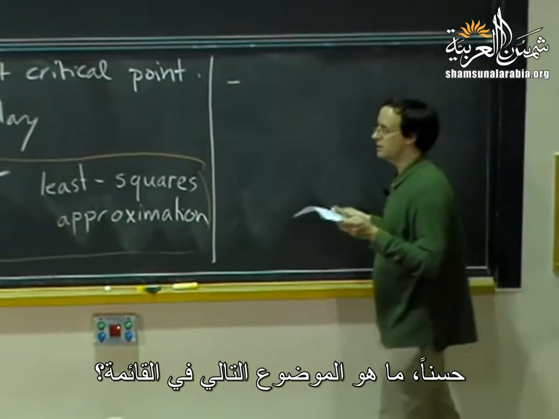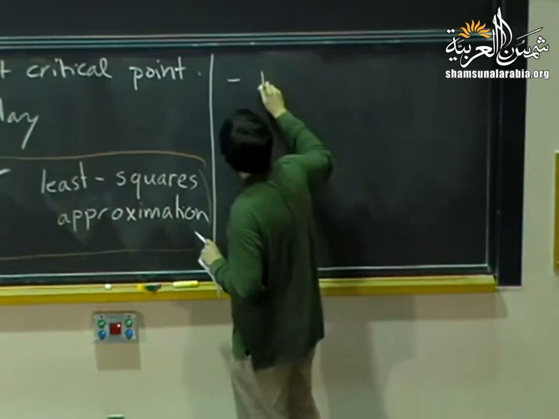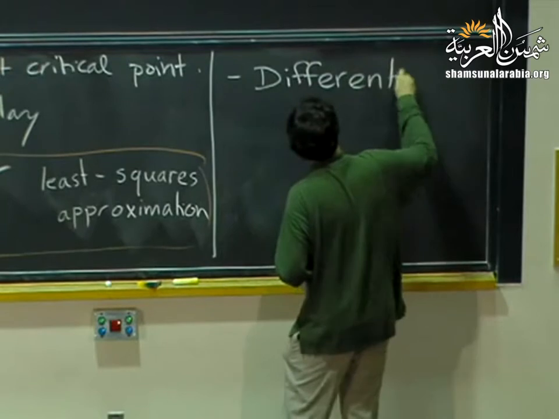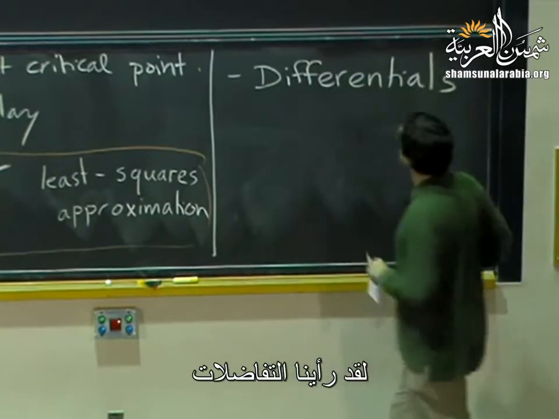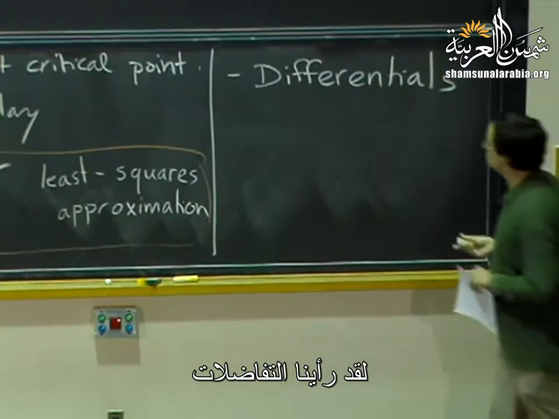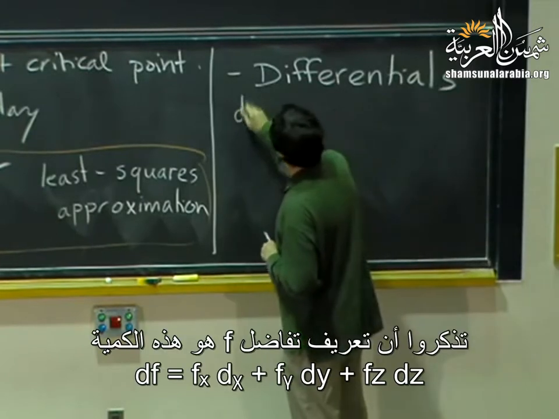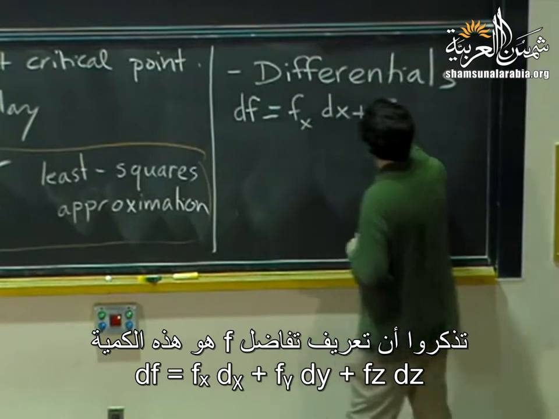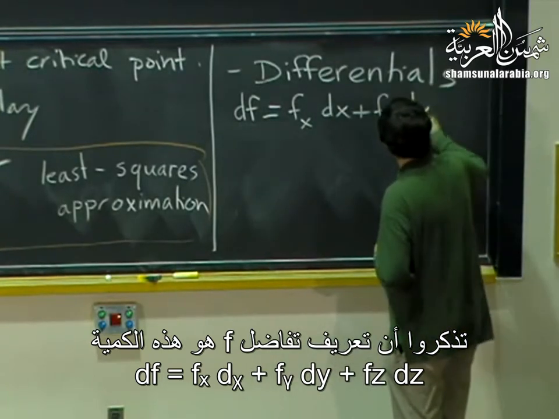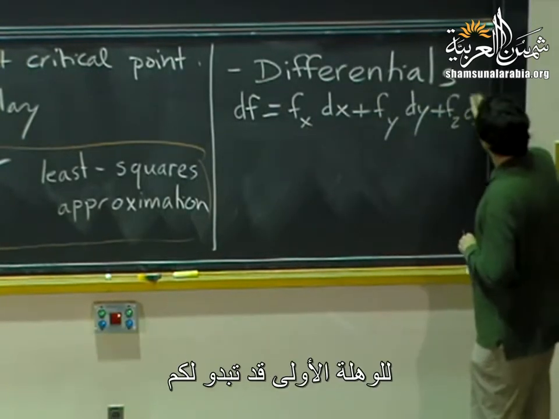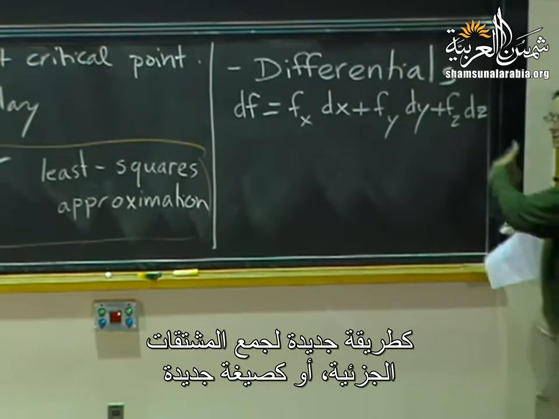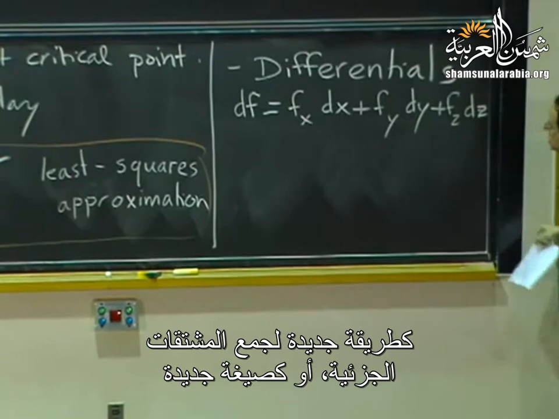Now, what's next on my list of topics? So we've seen differentials. So remember, the differential of f, by definition, would be this kind of quantity. So at first, it looks just like a new way to package partial derivatives together into some new kind of object.